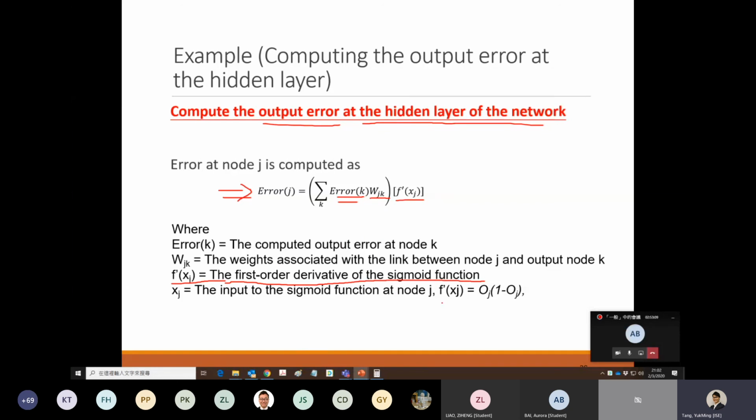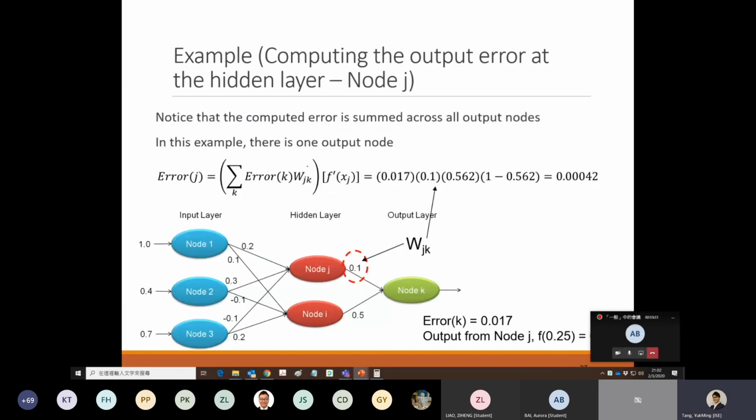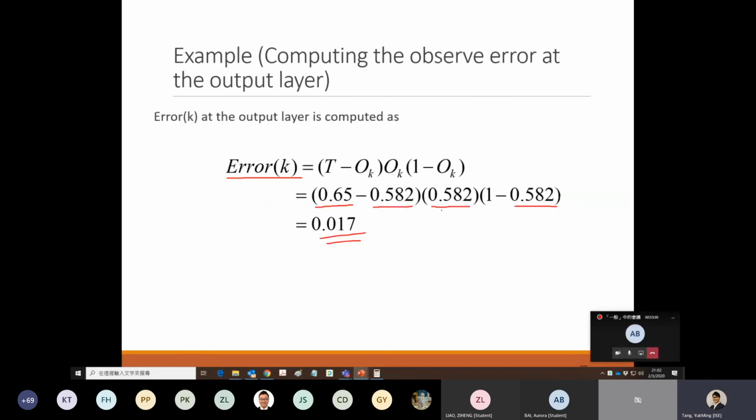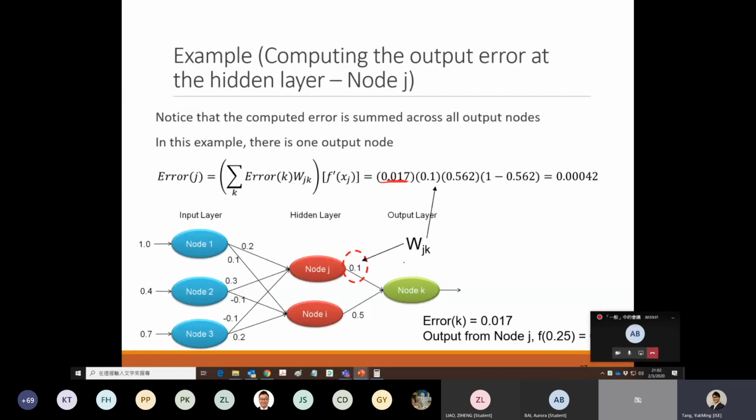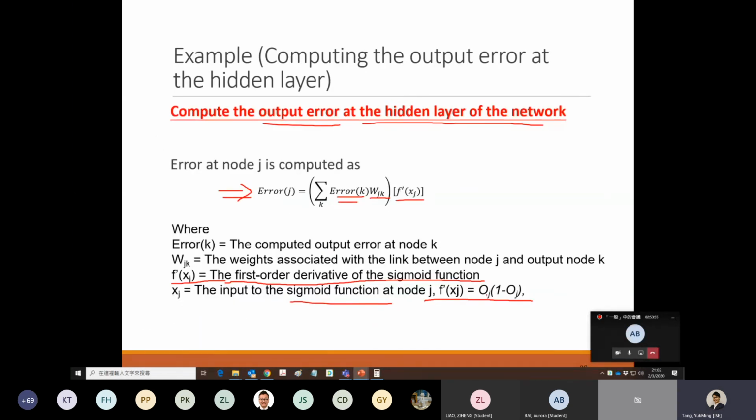Then we calculate the first derivative. The first derivative for loop J is equal to this one. Now, what's the error for loop K? We just calculated that the error for loop K is equal to 0.017. And the weight between loop J and loop K is equal to 0.1, the original weight connecting loop J and loop K. And this one is OJ.